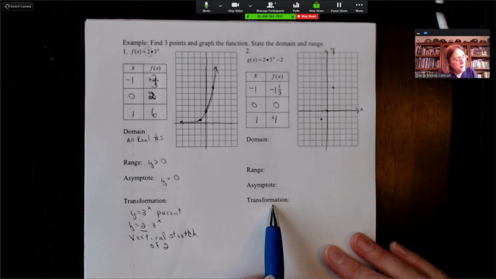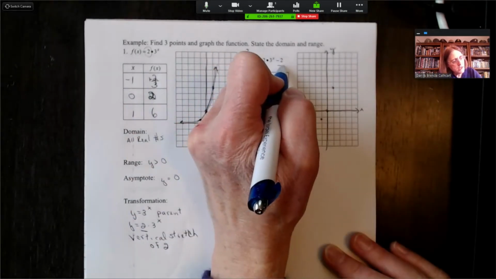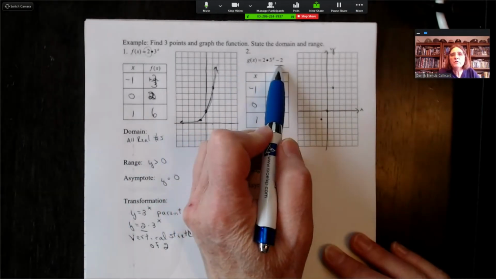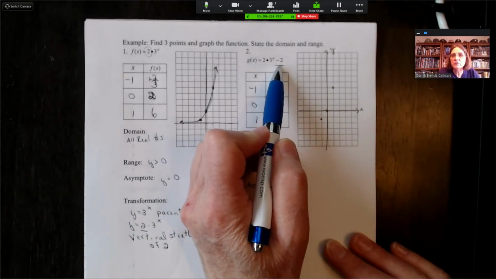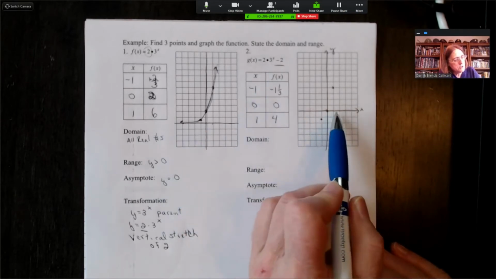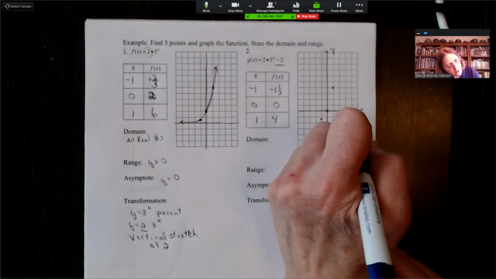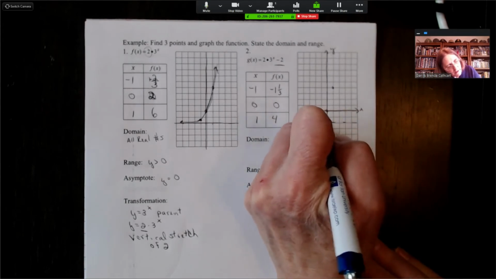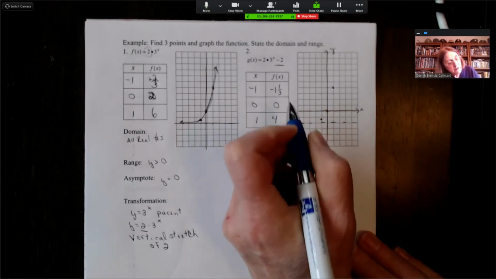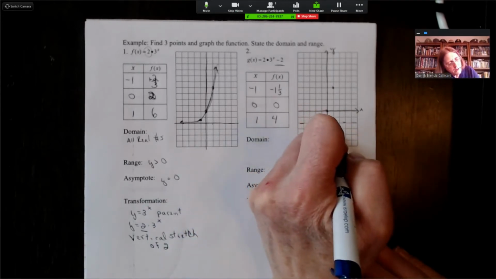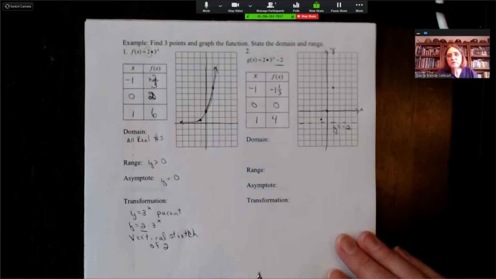Well, if we remember in our transformations, a -2 here is going to move the graph down 2 units. And so instead of our horizontal asymptote being at y equals 0, it's now going to be at y equal -2.